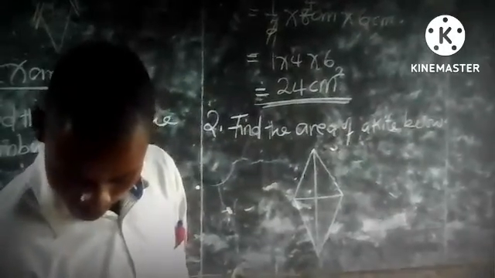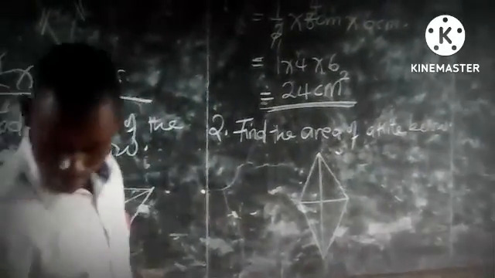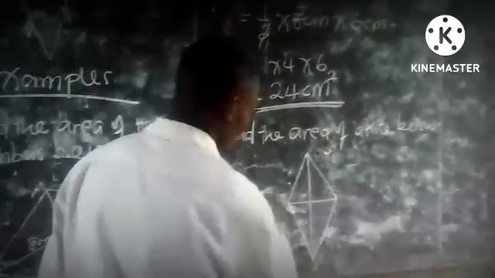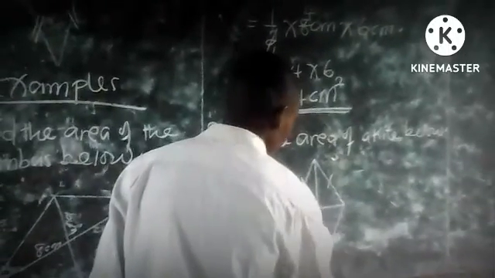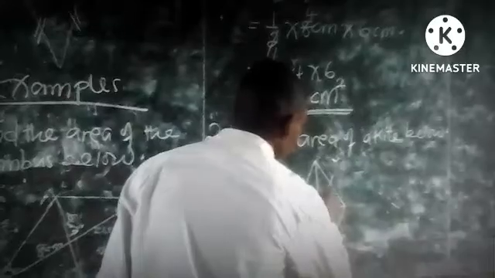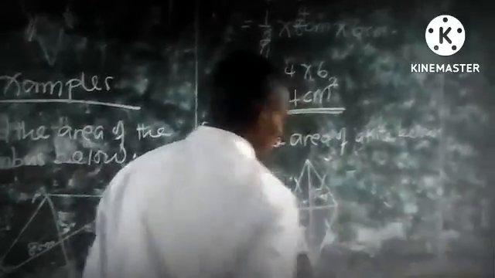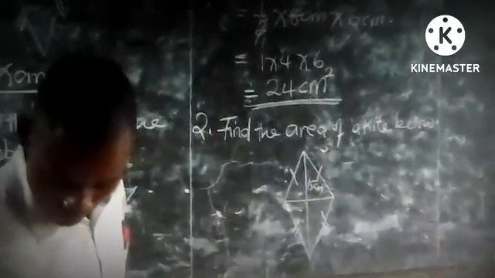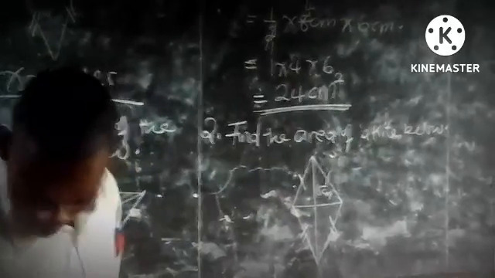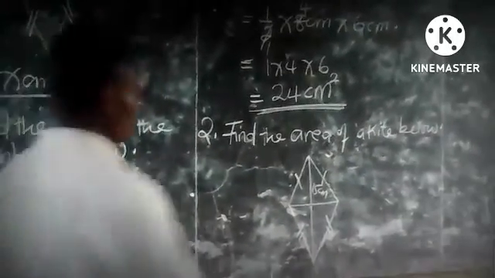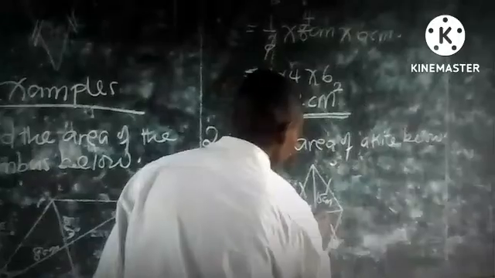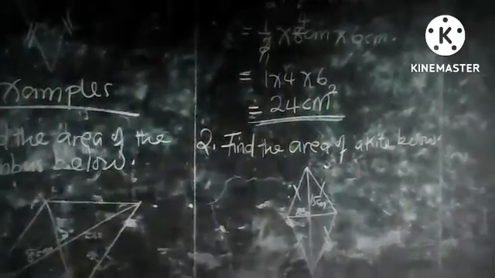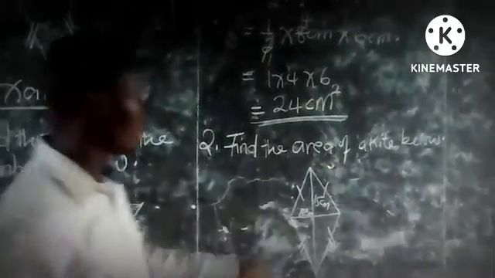The diagonal 1 is given by 15 centimeters, and diagonal 2 is given by 8 centimeters. So here is our kite being given.